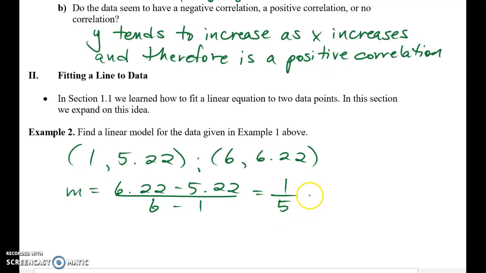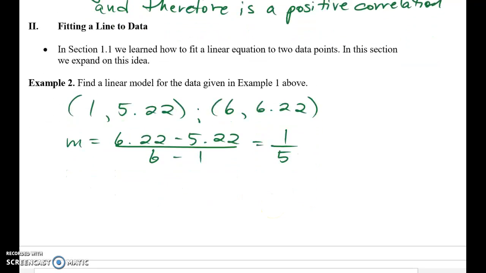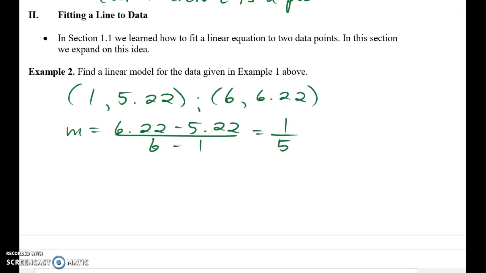So we'll call that our slope. Now, is this the best slope? Not necessarily, but it is a positive slope. If I had picked another 2 points altogether, I would likely have gotten a different slope. The slope is typically going to be, within reason, close to 1/5. We'll stick to 1/5 because this is a best fit linear model that we're creating.